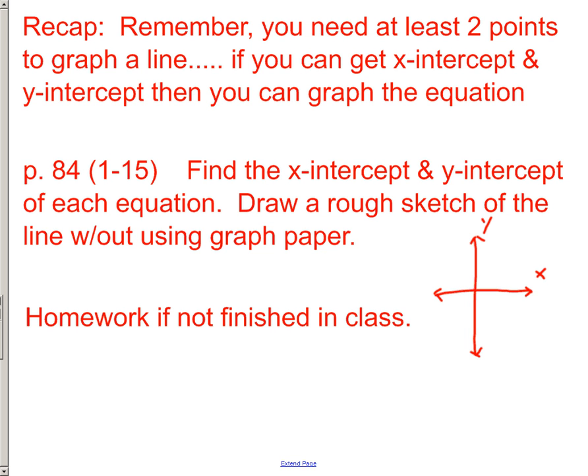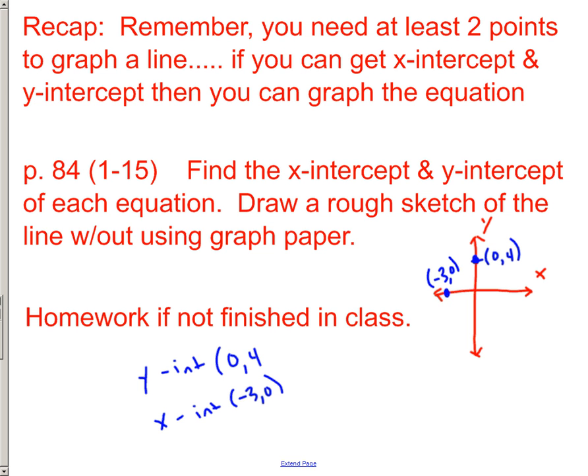And then you're going to be like, okay, my y-intercept is 0, 4. And so I'm just going to put a point right here, and I'm going to call it 0, 4. And then my x-intercept is going to be -3, 0. And so I'm just going to put a point right here and call it -3, 0.